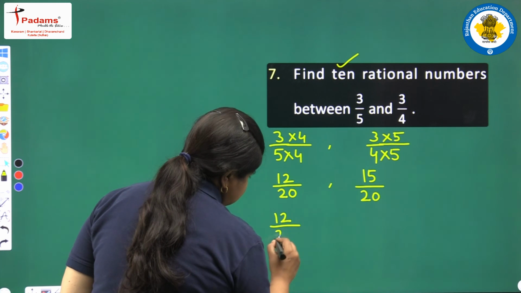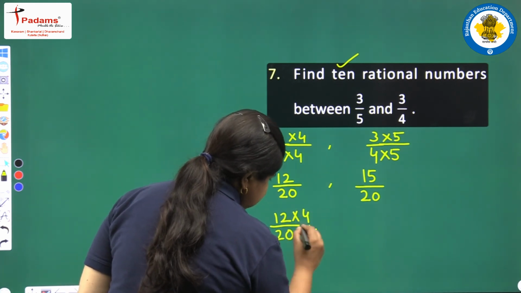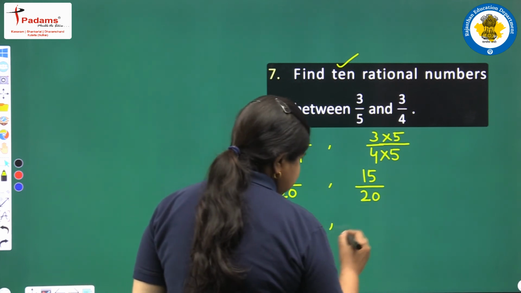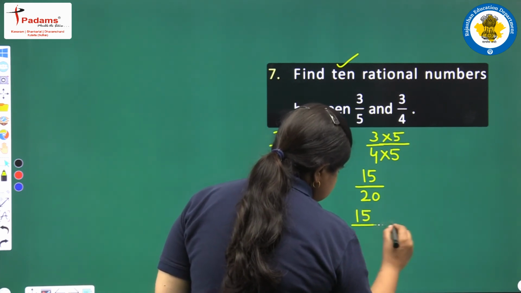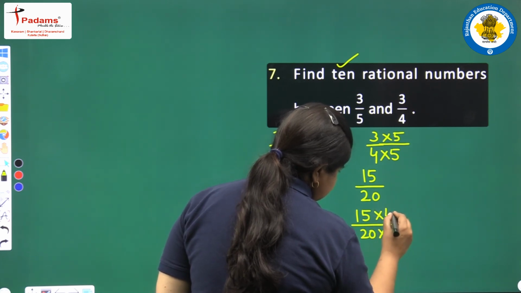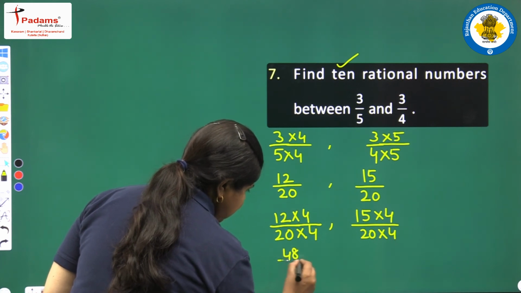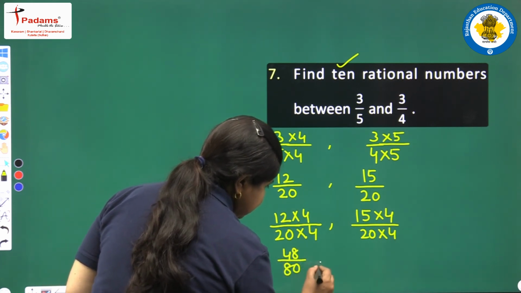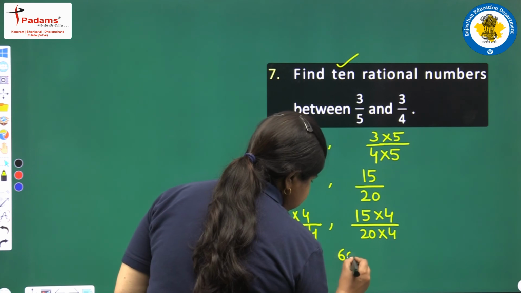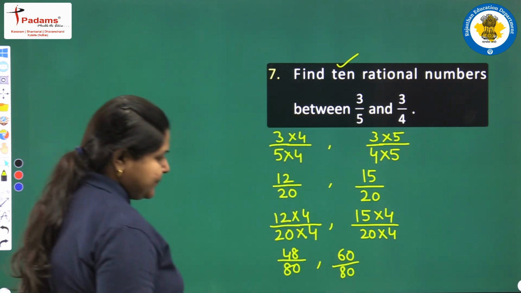12 by 20 into 4 into 4. We will have to multiply both numerator and denominator. 15 by 20 into 4 into 4. This gives us 12 fours are 48 upon 80, and this gives us 15 fours are 60 upon 80.